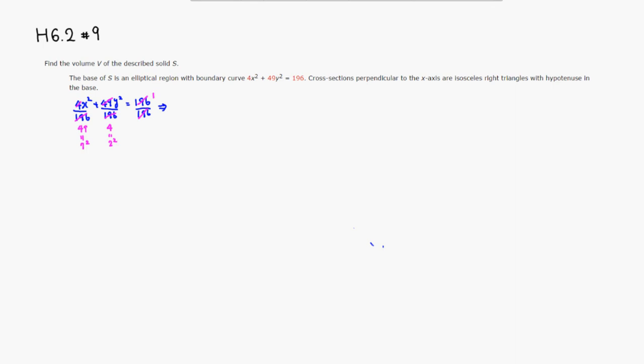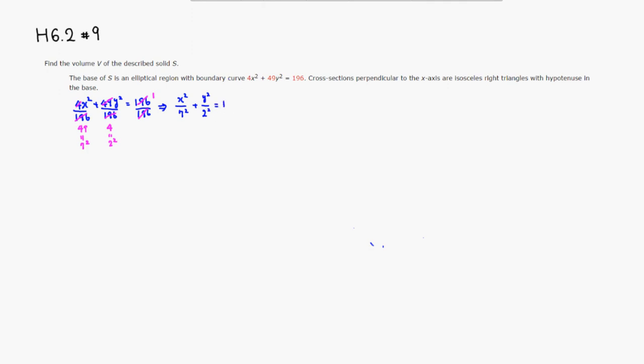So we get x squared over 7 squared plus y squared over 2 squared is equal to 1.